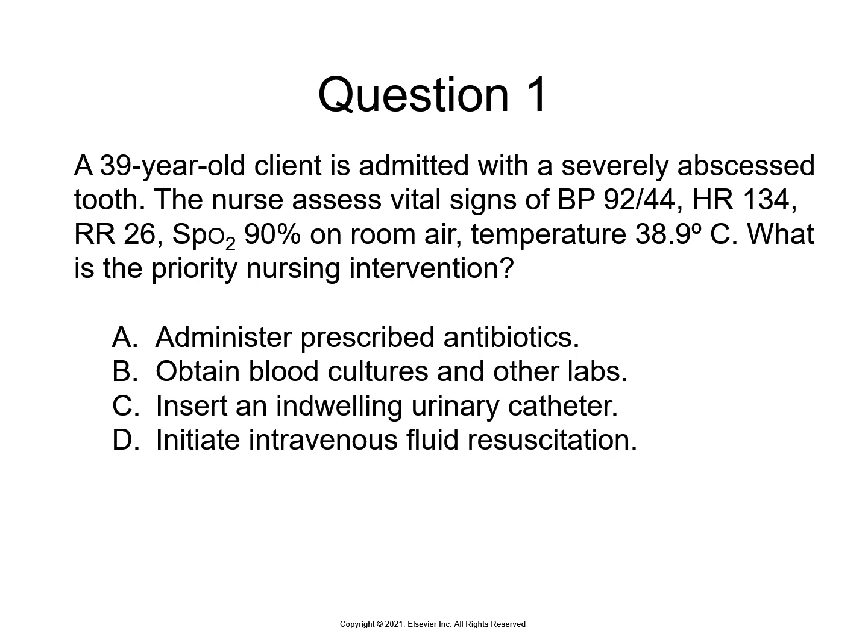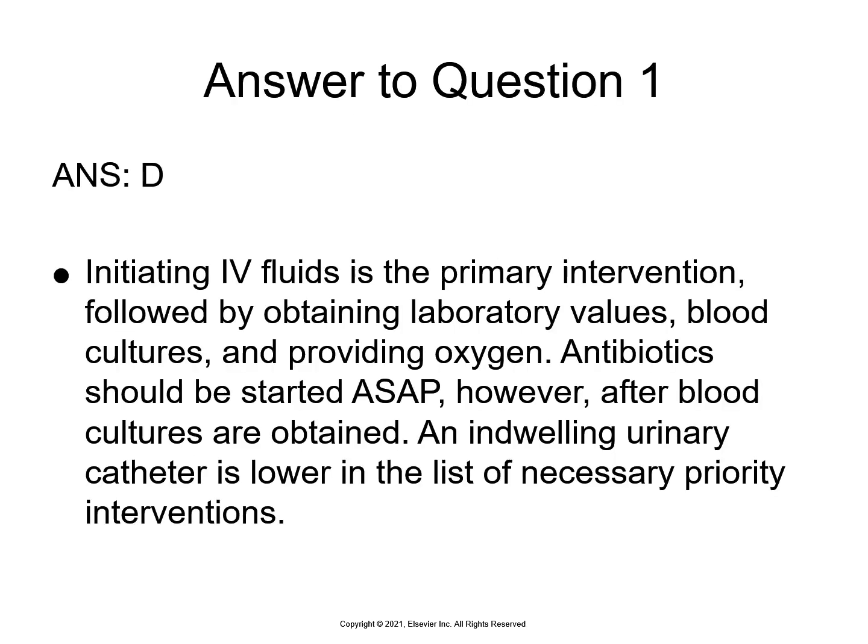Priority nursing intervention, for these things which are already ordered. So what's your first intervention? Your very first intervention. So your first intervention is to get some fluids, get an IV going on this patient, followed by their labs.